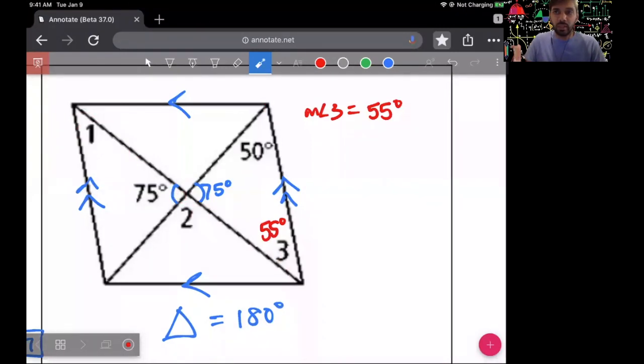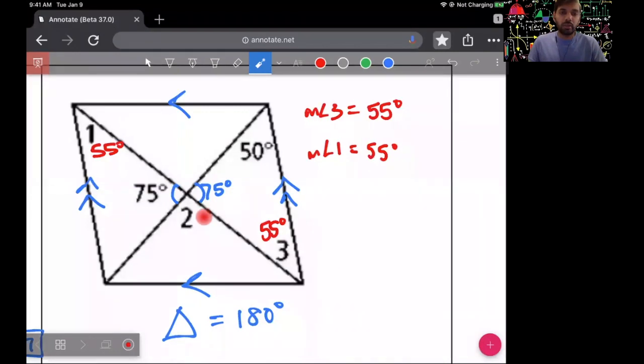This gives me some special characteristics of these triangles formed within here. I can now think about how angles 1 and 3 are going to be alternate interior angles. They're on the interior of the parallel lines and they're on alternating sides, so they're going to be congruent. So angle 1 also has to be 55 degrees. Measure of angle 1 equals 55 degrees.